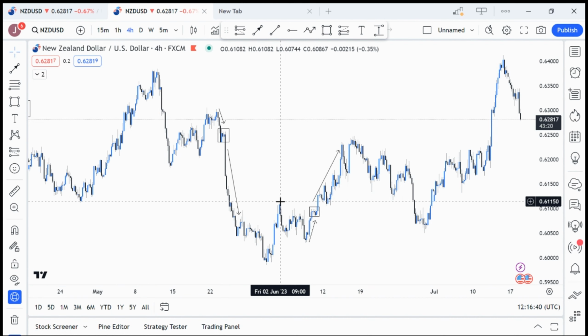Number one is that a valid supply zone or demand zone, whatever type it is, must lead to a break of structure. In our previous video, we talked about break of structure and change of character in market structure. If you haven't watched the video and you are still finding it difficult to understand, kindly go to the previous video I uploaded.